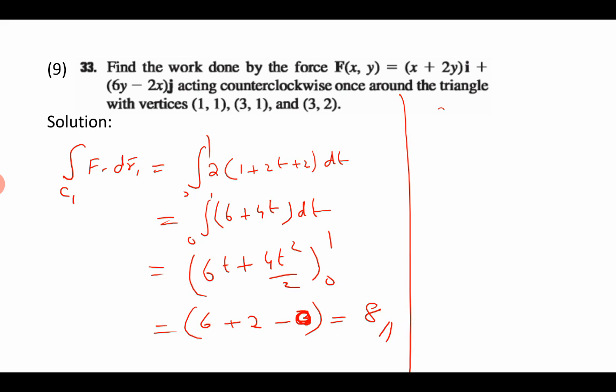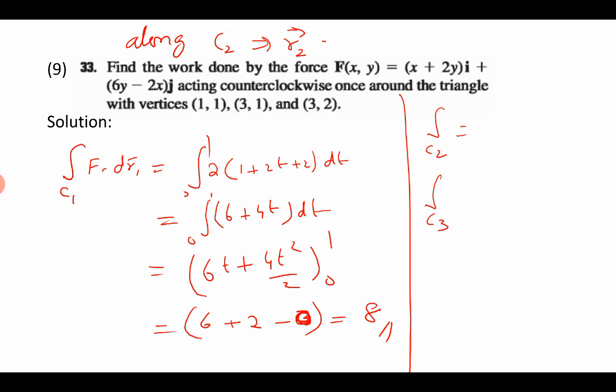In a similar way we have to do for C2 and then C3, and finally sum the answers. For along C2, what is the R vector? You check, and I am writing here R vector.